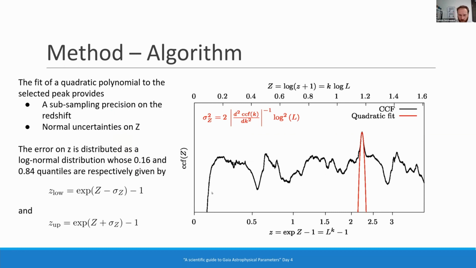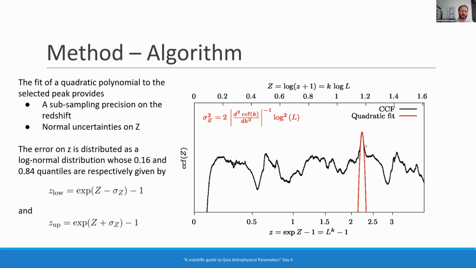Now we are selecting what we think is the most probable redshift using the score represented, which is based on the ratio of the cross-correlation function taken at the selected redshift divided by the maximum of the cross-correlation function, and the z-score. Once we have this point, we fit a quadratic curve around the selected peak.